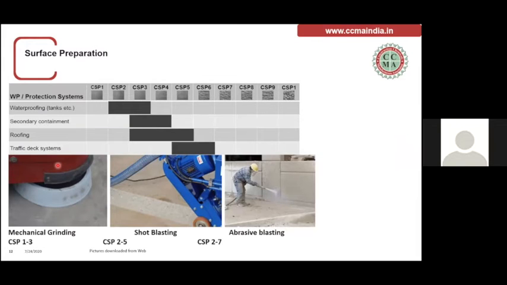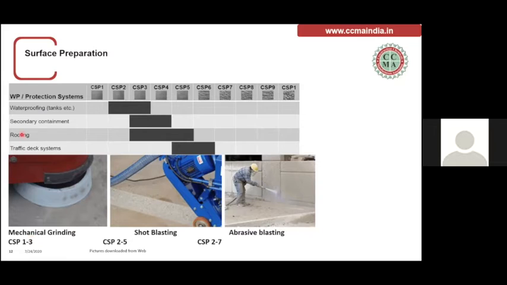Now, if you see the various methods which are available, like mechanical grinding, shot blasting, abrasive blasting. To achieve a CSP3, you can easily do it with mechanical grinding, which is one of the famous surface preparation methods for roofing applications, and you can easily achieve a good finish using this technology.